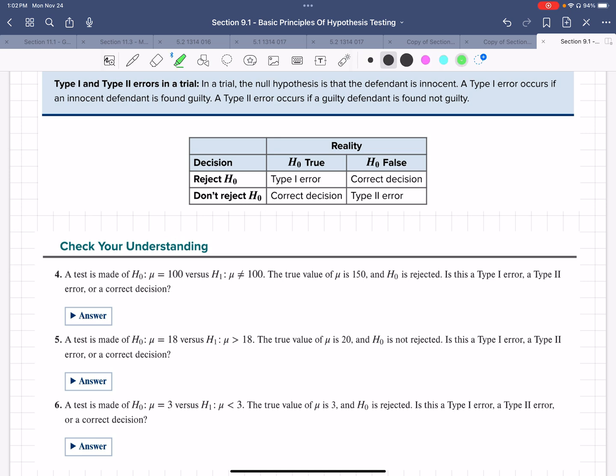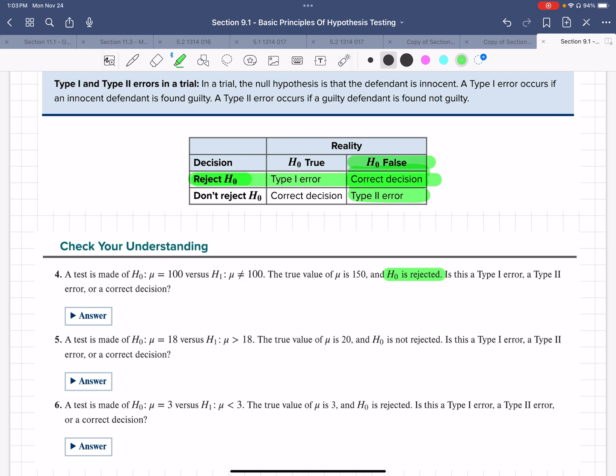So I go up here to my chart. It says the null is rejected, so we're in this row right here. And what was the true value? 150. That means the null was actually false, so we're looking at this column with this row.